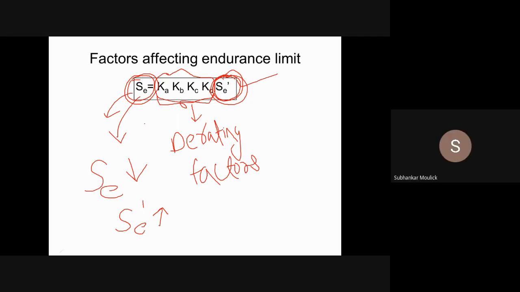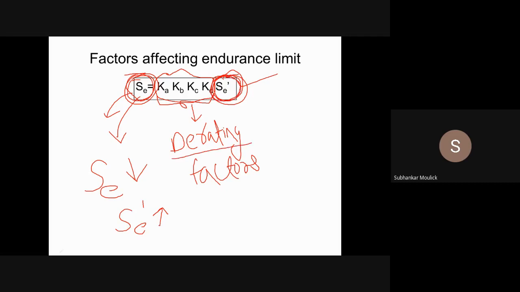Fine. And what is the purpose of these derating factors? The purpose of these derating factors is to derate, or reduce, the endurance limit of the rotating beam specimen to suit the actual component. This is for the actual component. This is for the rotating beam specimen.